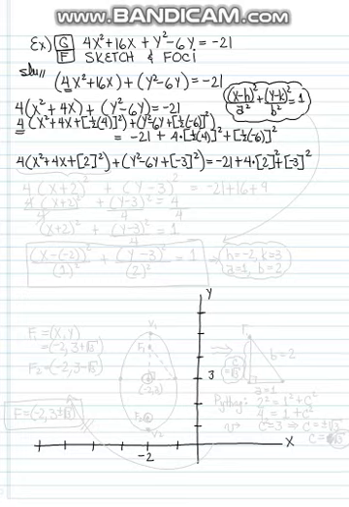Now we're ready to factor using the formula: 4 times (x plus the stuff in the bracket, including the sign) squared, plus (y plus the stuff in the bracket, including the sign) squared, equals negative 21.